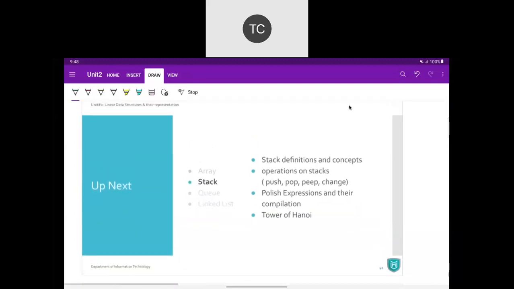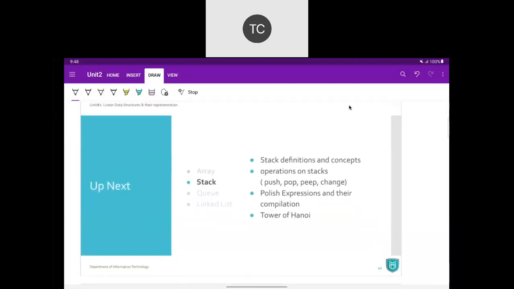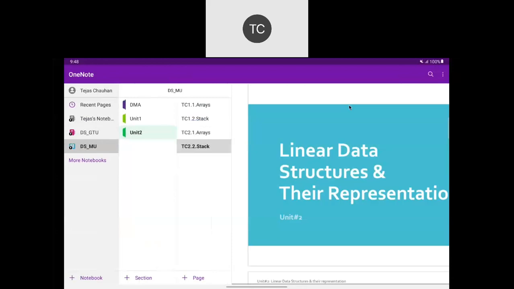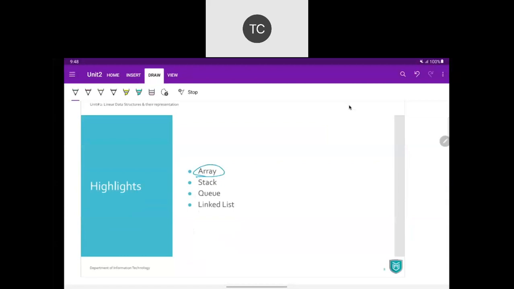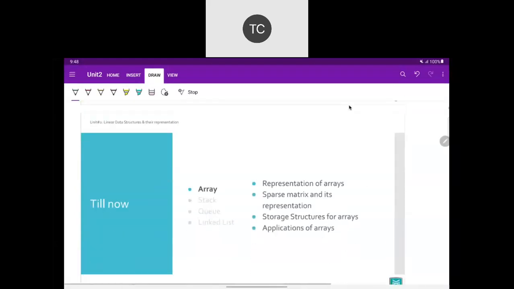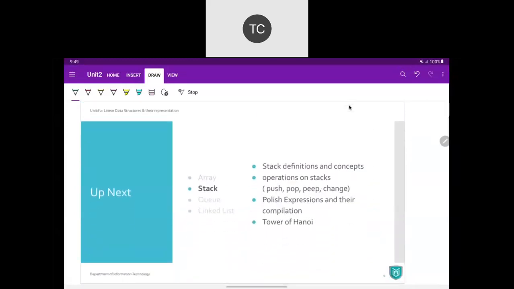After arrays, we want to see stack now. Okay. So let's jump to the stack now. From our second unit, we are done with array and now we are going to start stack.